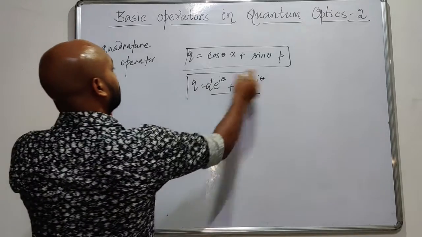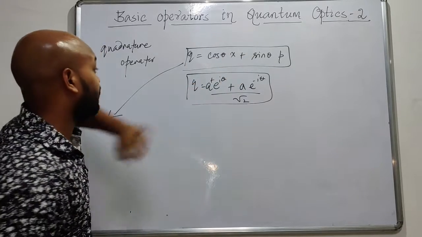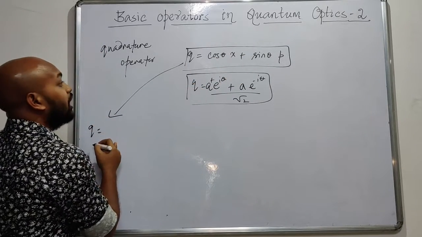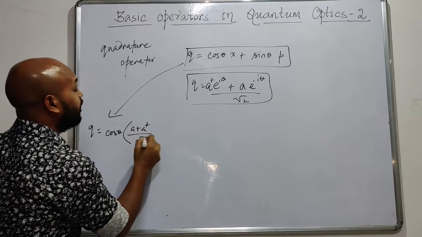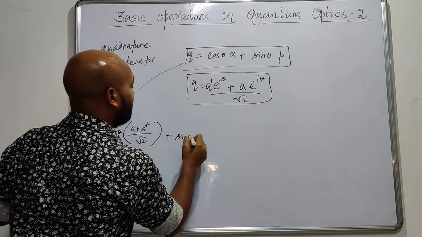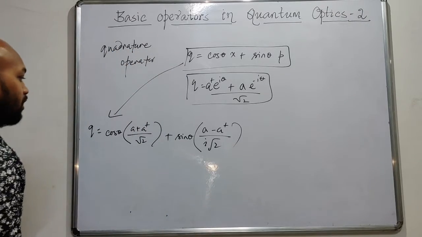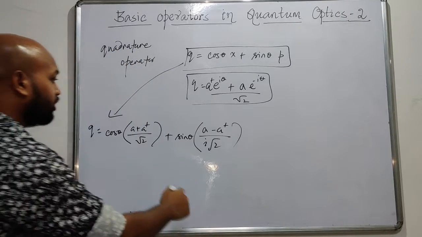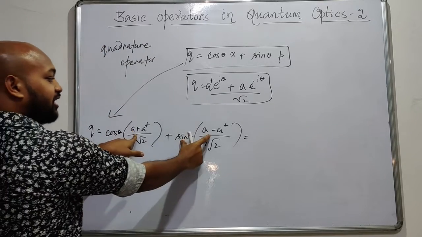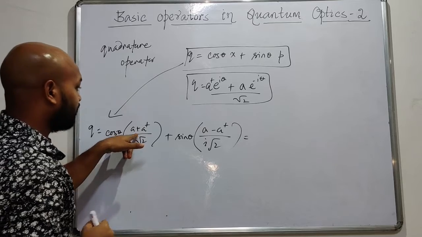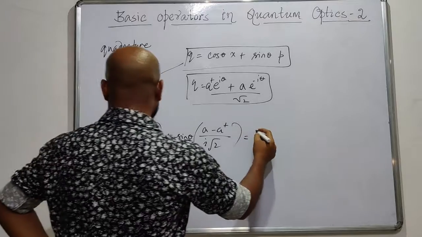by doing the following. In this I plug in for x and p in terms of A and A dagger. So for q, I write cos theta, then (A plus A dagger) by root 2, and for p, I plug in (A minus A dagger) by i times root 2. Alright. Certainly then, I could open it up, and when I open it, I get a cos theta A and a sin theta A here. So let's first expand, then we will do.